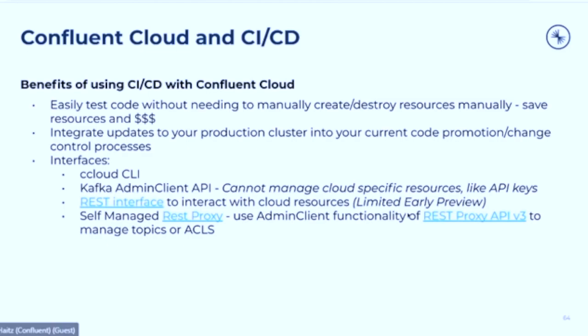Everything should be and will be available via a REST API. However, at the moment, it is not yet available. It is available for managed connectors, for example, but not yet for the creation of clusters and other resources in Confluent Cloud.